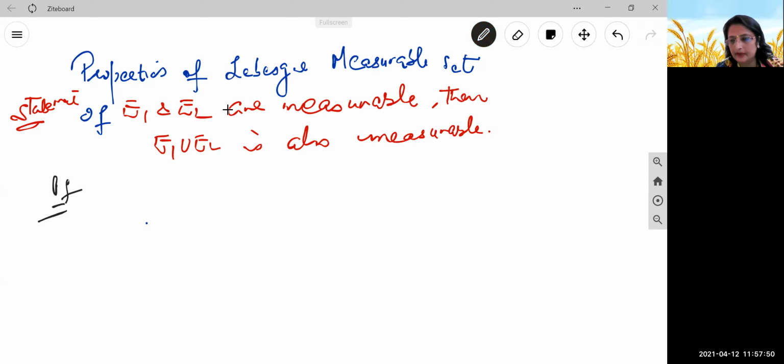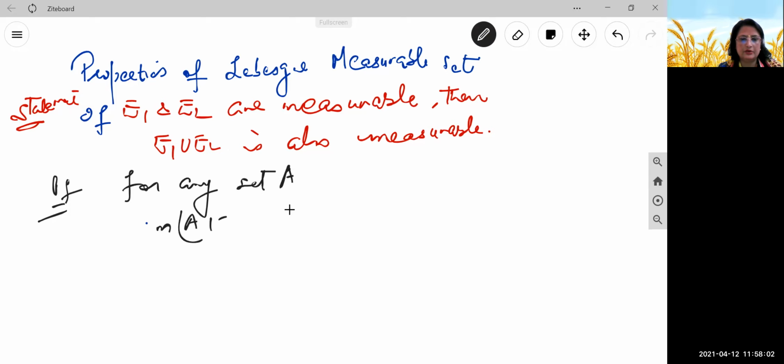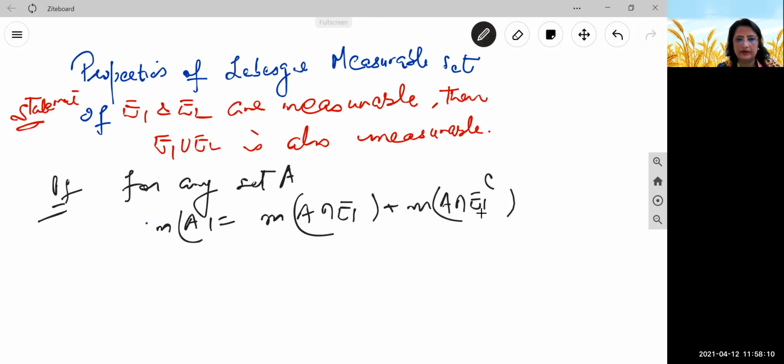E1 और E2 measurable है, right? इसका मतलब for any set A, since E1 is measurable, measure of A is equal to measure of A intersection E1 plus measure of A intersection E1 complement. Now E2 is measurable.